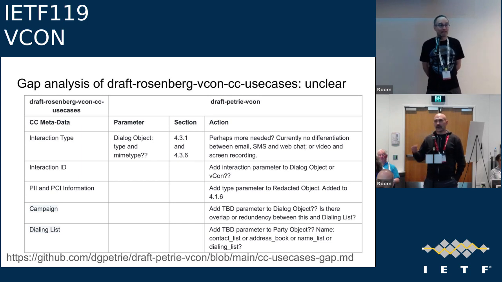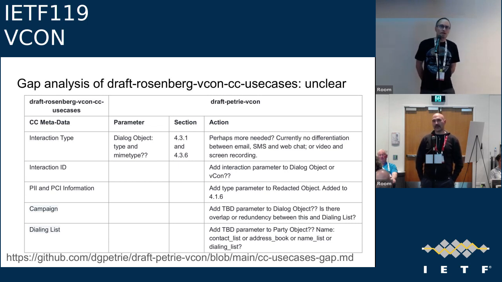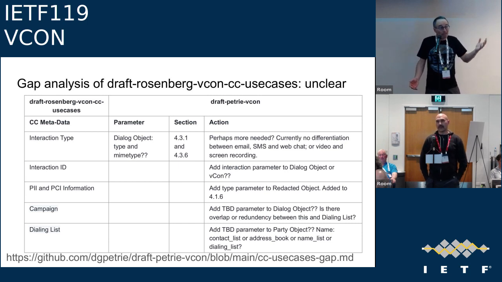Is this a matter of differentiating between the type of media versus data lineage, which could be externally stored? This is text, but is it text from SMS or email?